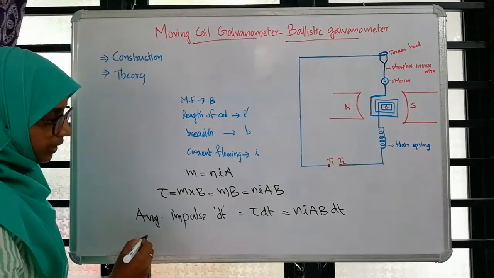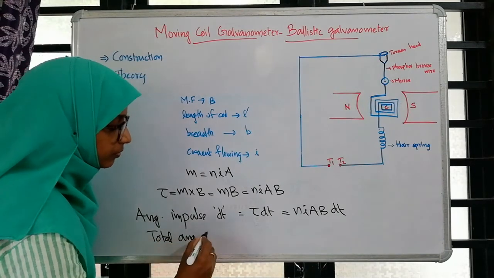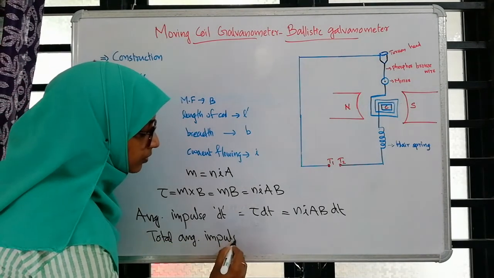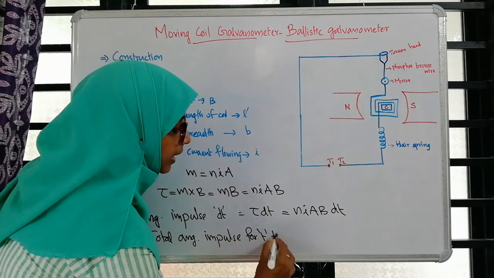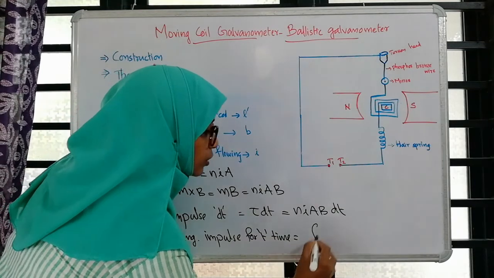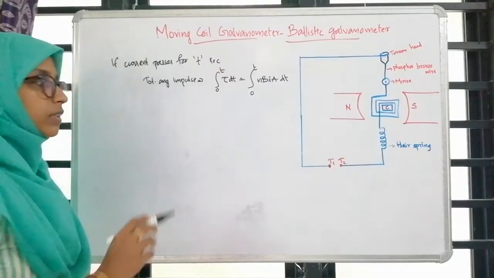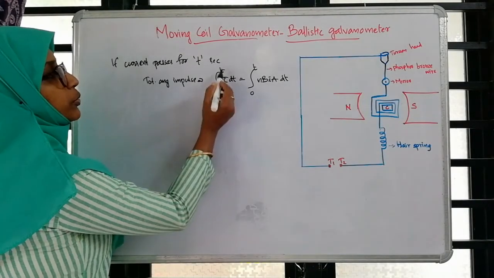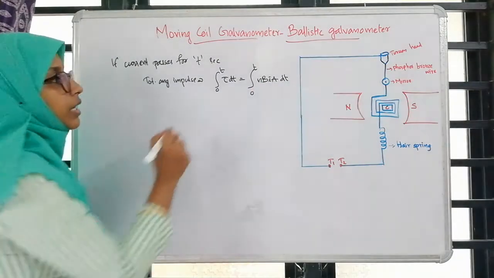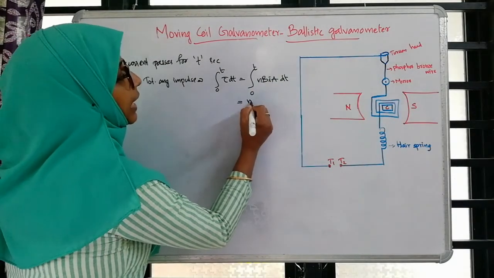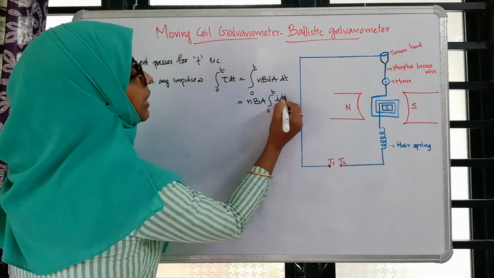Then for the total time interval t, the total angular impulse is equal to the integral from 0 to t of tau dt, which is equal to the integral from 0 to t of NBIA dt. In this we can take NBA outside the integral, leaving the integral from 0 to t of I dt.